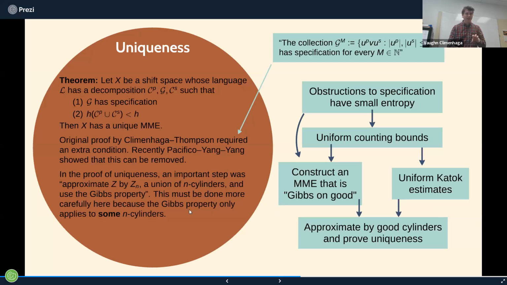And that's a sort of annoying technical part in this proof that Dan and I resolved one way, by adding an extra assumption. And these guys found a better way to resolve it that does not require that extra assumption. So there's the very short version of how they improved things. So that's the theorem for shift spaces.